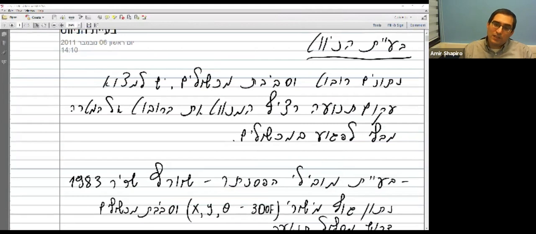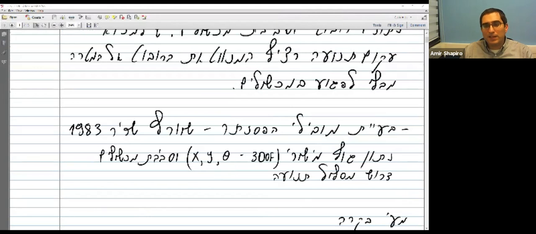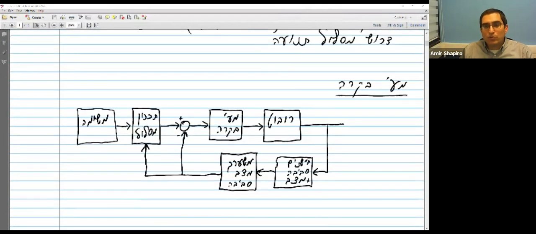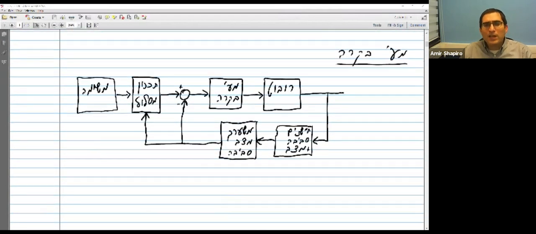So I told you about the motion planning problem and the piano movers problem. And now let's talk about control. In the control problem, we have a robot. We have a control system that controls the position of each joint of the robot, or the position of the robot. It applies torque to the wheels or to the joints of the robot.